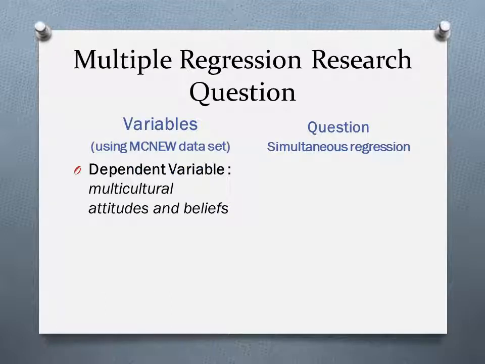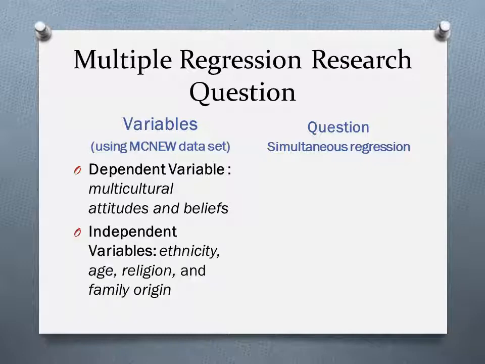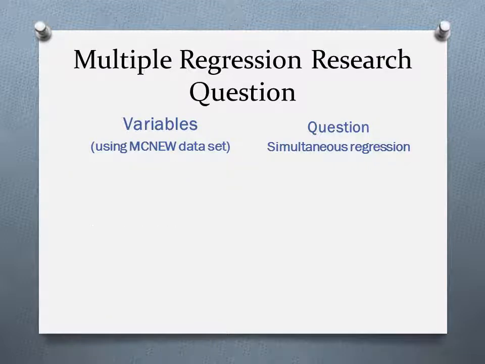And so for this sample, we're using the MCNU data that Dr. Bista provided, and the dependent variable will be multicultural attitudes and beliefs. The independent variables for this sample will be ethnicity, age, religion, and family origin.